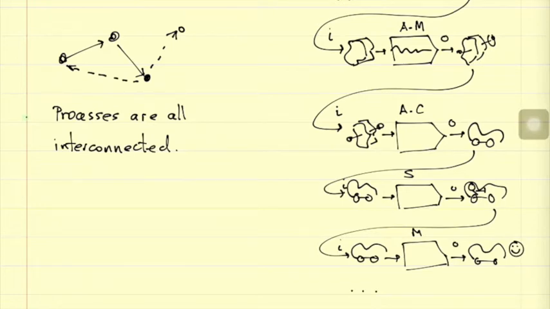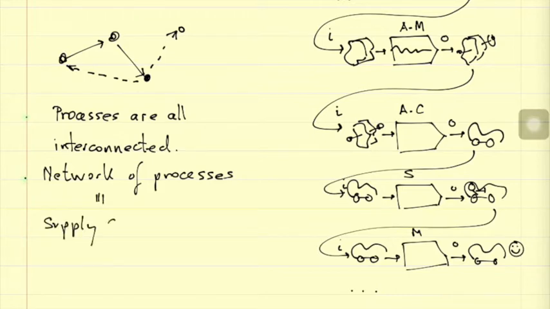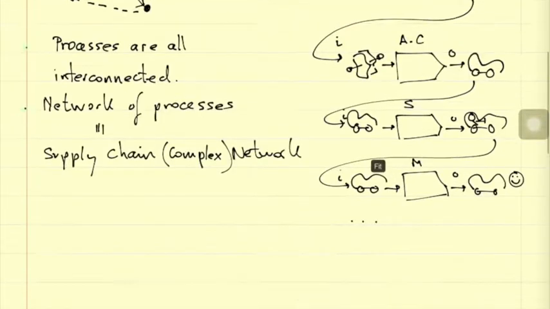That's why we talk about a network of processes, or as we have seen before, a supply chain network, a supply chain complex network.